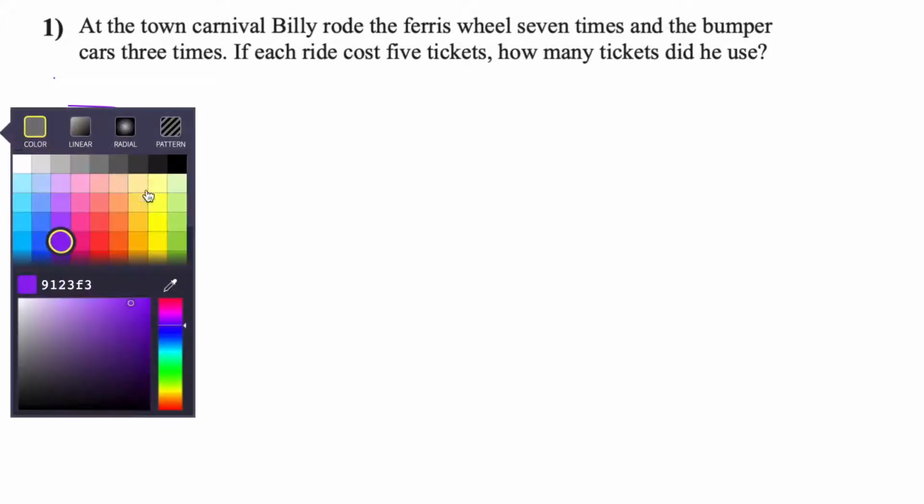So if we add those together, we can find out how many total rides he rode. So we have to add these. We know 7 plus 3 is 10. So he rode 10 rides total.